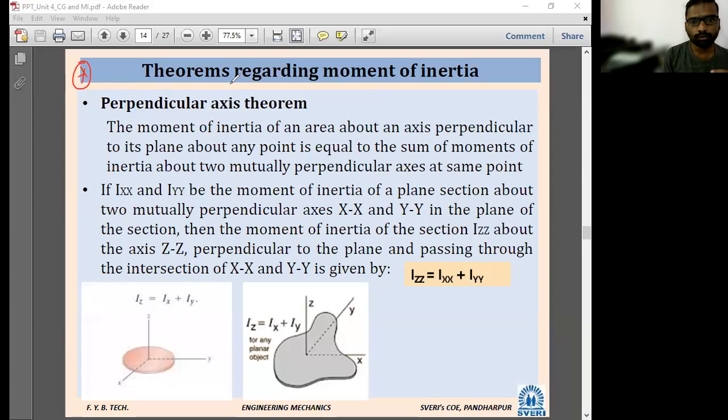Theorems of moment of inertia. First theorem, important. Perpendicular axis theorem. All of you write down.